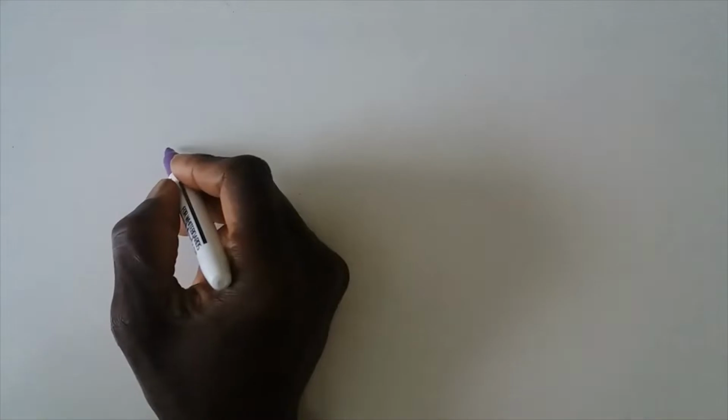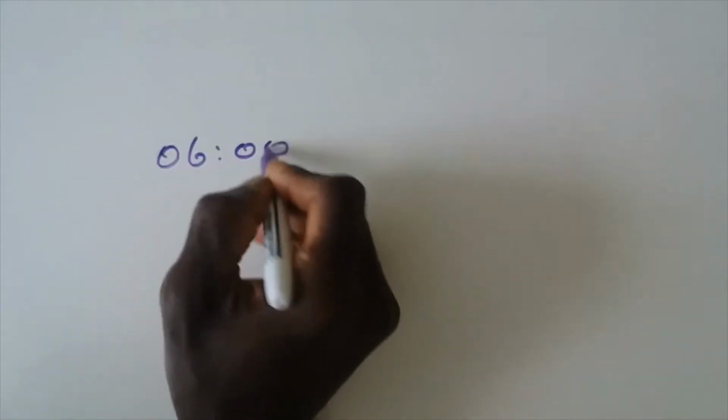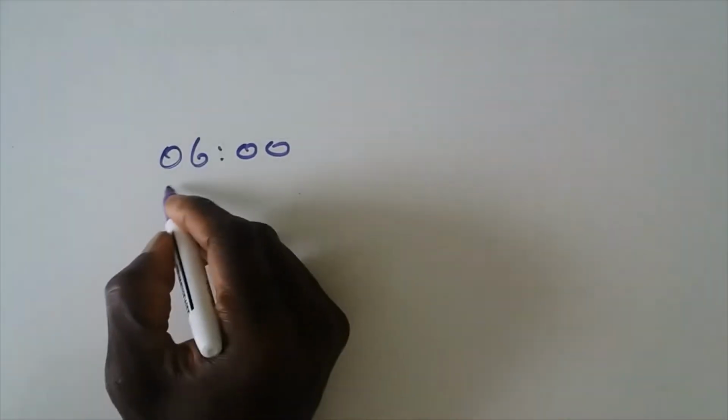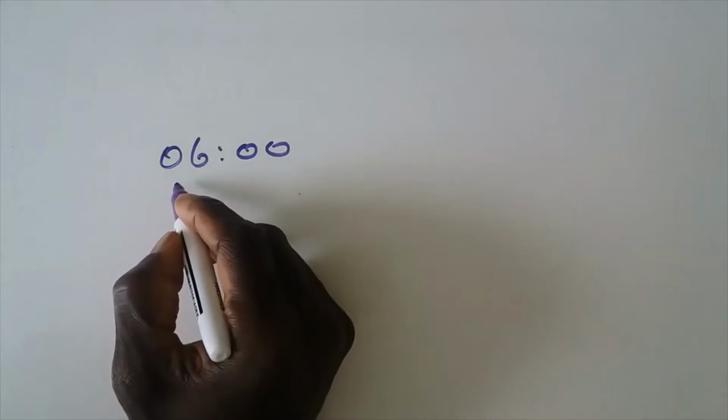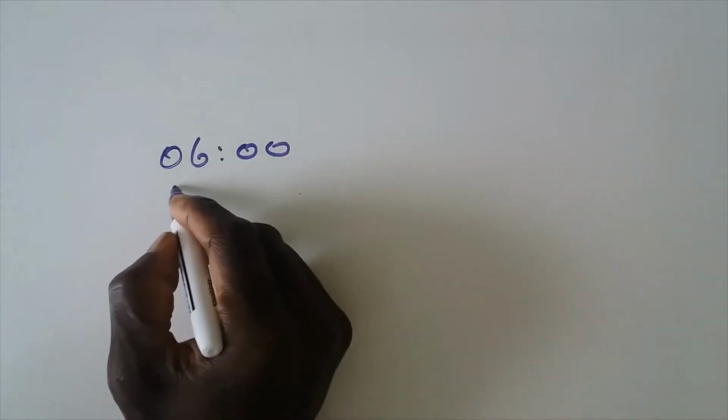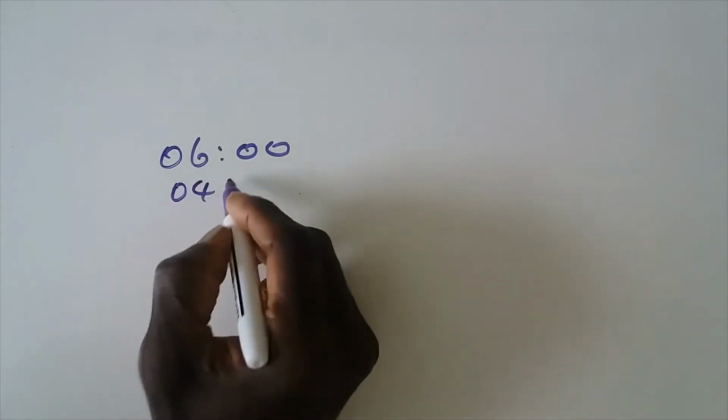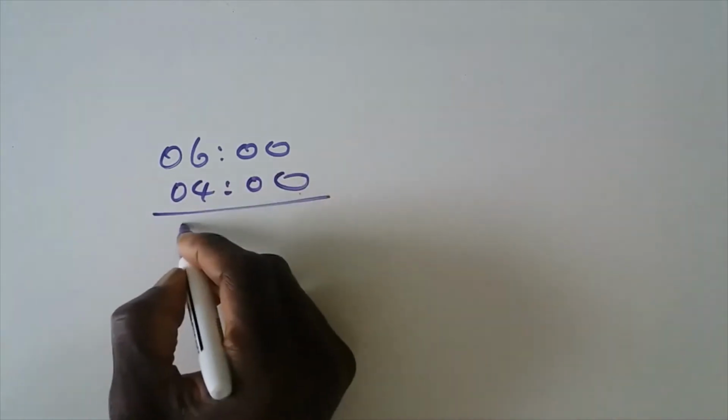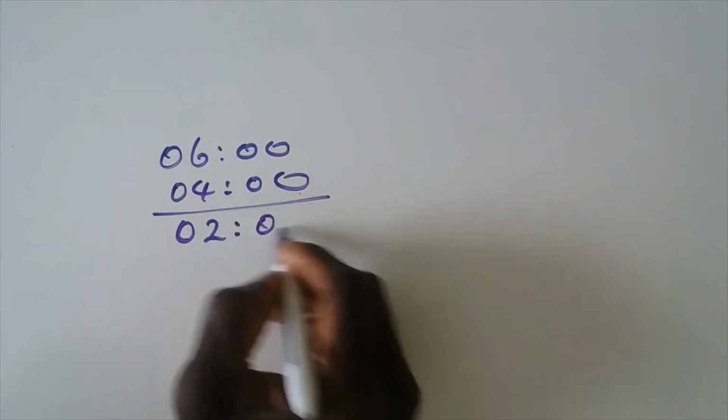Well, we're told that Barbados is 4 hours behind GMT. So if in London it's 0600 GMT and Bridgetown is 4 hours behind that, we'll subtract 4 from that, we'll have 02.